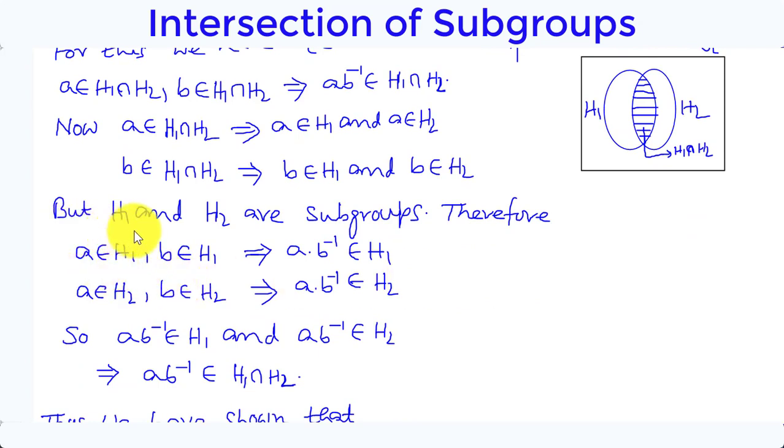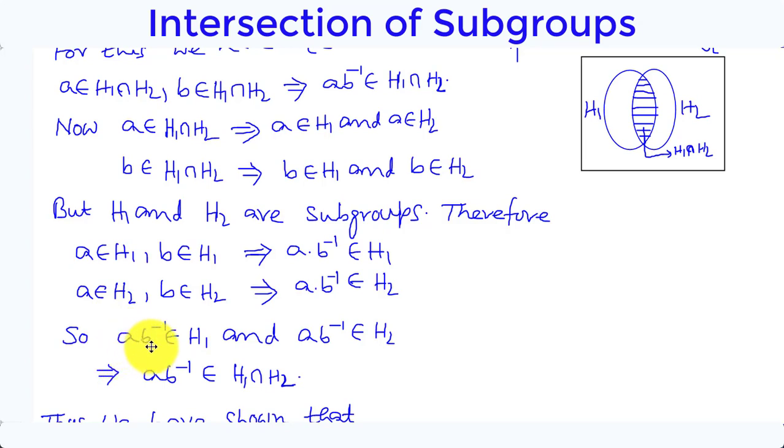But H1 and H2 both are subgroups of G. Therefore, A belongs to H1, B belongs to H1 implies that A into B inverse belongs to H1, A belongs to H2, B belongs to H2 implies that A into B inverse belongs to H2.